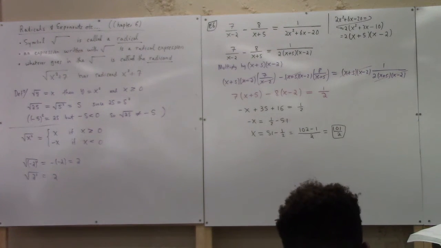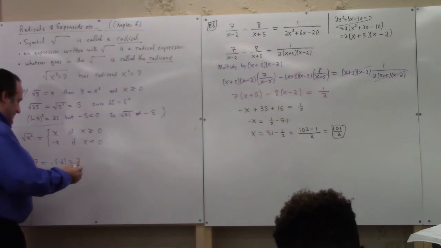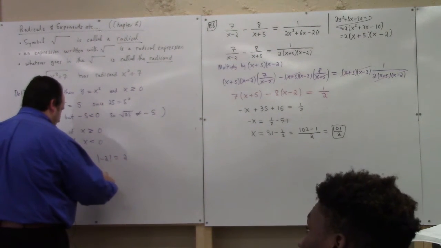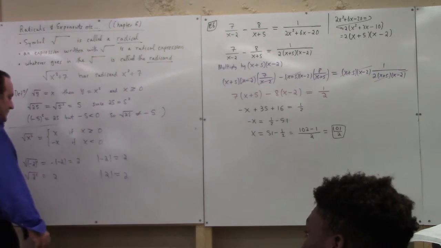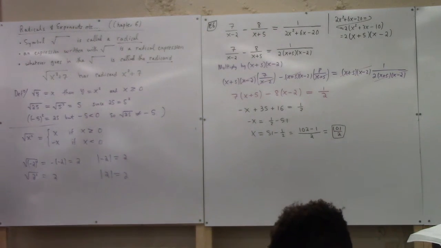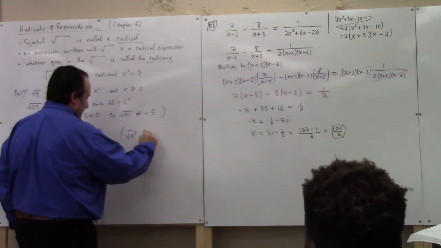The square root has to be, by definition, positive or 0. Now this has another name: the absolute value of minus 2 is 2, and the absolute value of 2 is 2. So it's not an accident that it follows the same pattern, because in fact the square root of x squared is a formula for the absolute value of x.